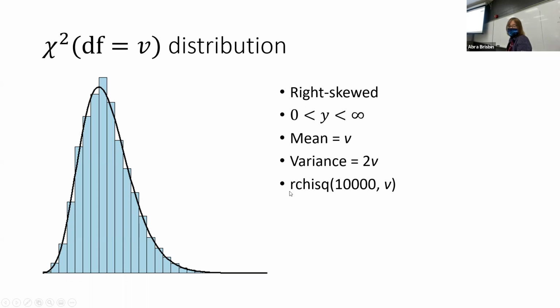So here we're using the r prefix to generate random numbers, so here we're generating 10,000 random numbers from a chi-squared distribution with nu degrees of freedom. Questions so far?